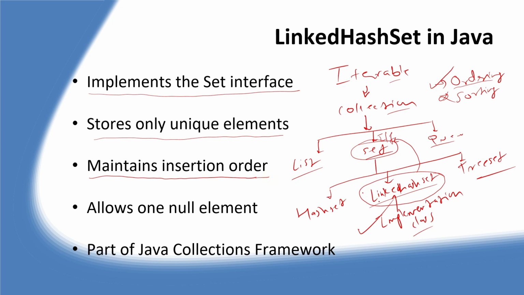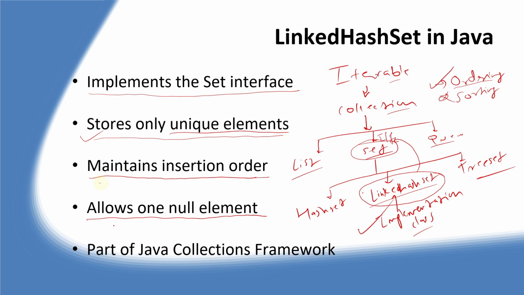Since it implements the Set interface, and the Set interface has the property of having only unique elements, or in other words, no duplicates allowed, the implementation class will also have that feature. It will store only unique elements, no duplicates, and only one null element is allowed in LinkedHashSet.